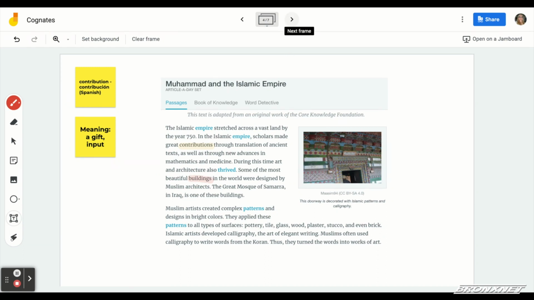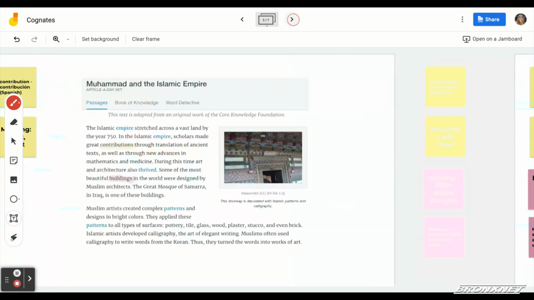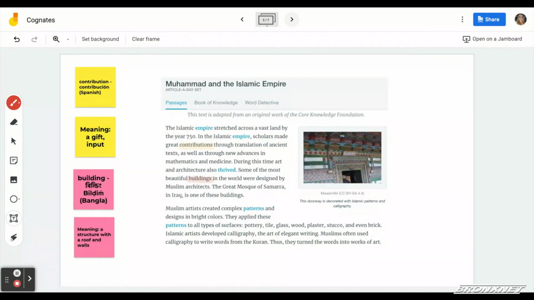And the Bangla cognate sounds exactly the same, building, which means a structure with a roof and walls. Let's go back to the sentence and see if it has sense. Some of the most beautiful structures with the roof and walls in the world were designed by Muslim architects. Really has sense. Beautiful. This Bengali cognate helped me identify the meaning of the word.